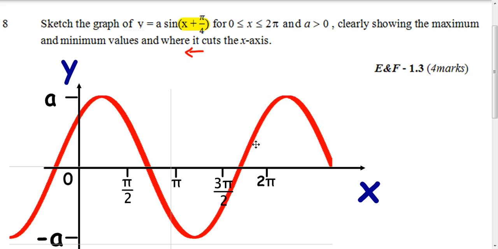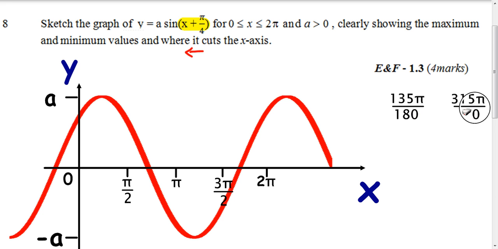So this value here, again, if you prefer working in degrees, where this is 360 and we've moved back 45 degrees, that's 315. And this value here is 180 take away 45, so that's 135. Now to change that into radians, it's sometimes easier just to do 135 over 180 and 315 over 180, put the pi and divide by 180.